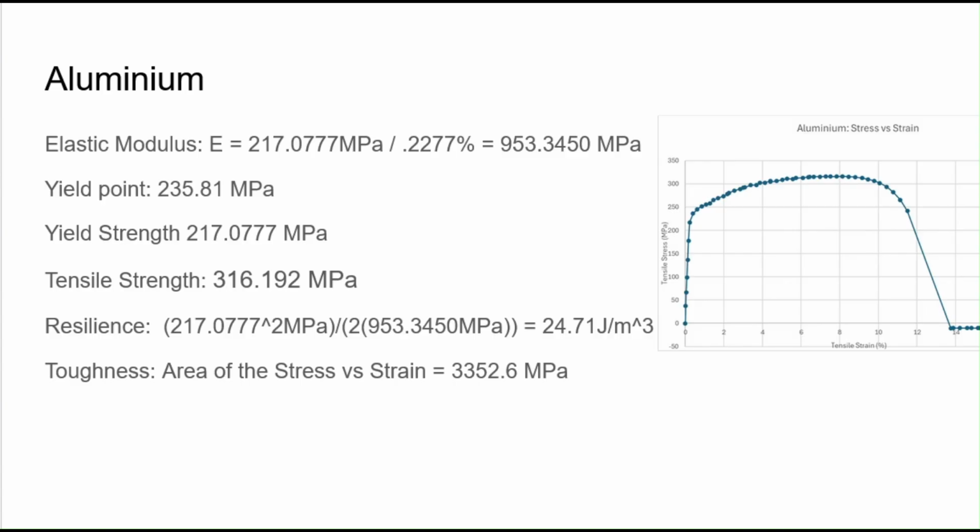We then have resilience, which equals the yield strength squared all over 2 times the elastic modulus, which comes out to 24.71 joules per cubic meter. The toughness is the area of the stress versus strain, which came out to 3,352.6.